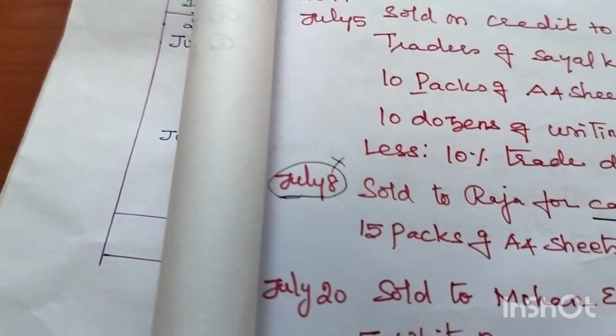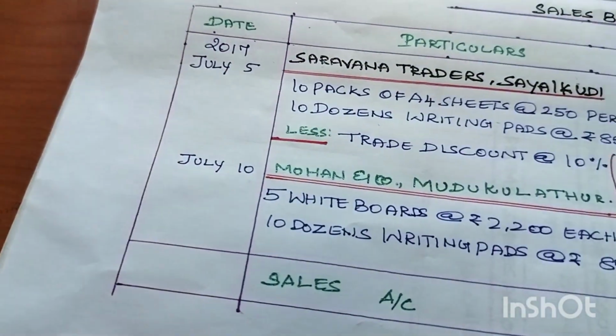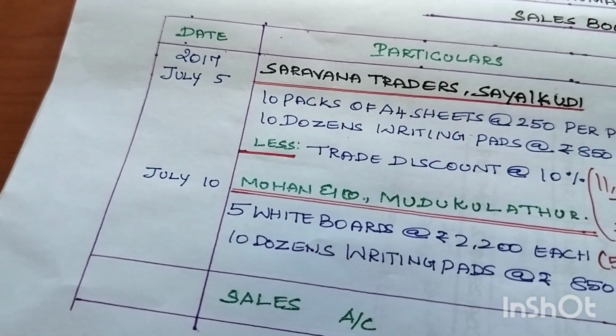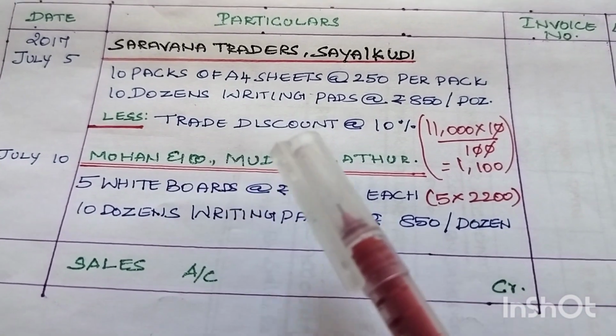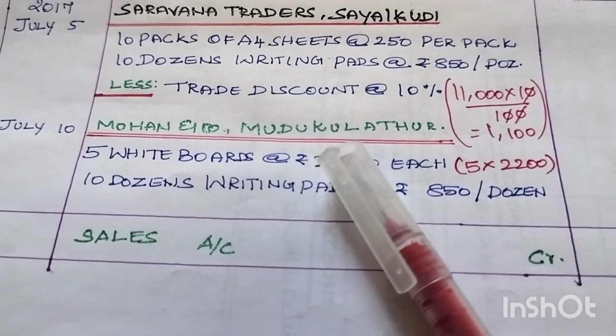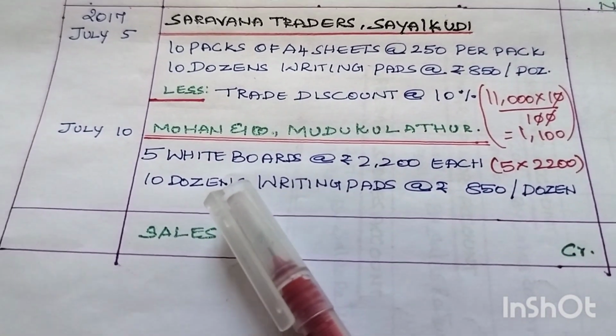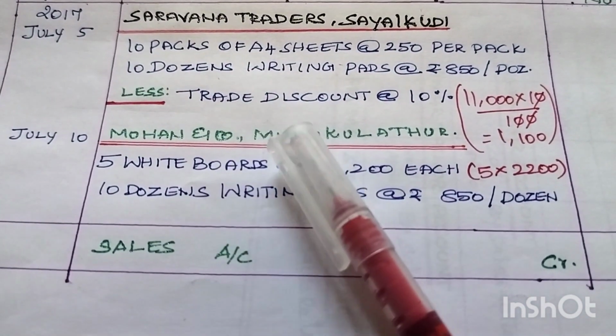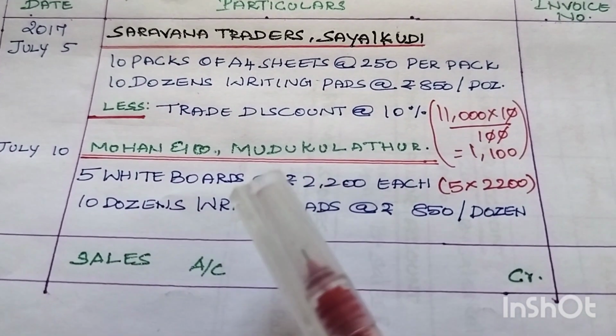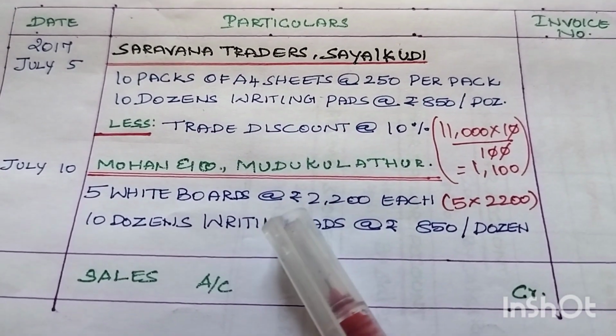Let's take the sales book, dated July 20. The customer name is Mohan and Co, Mudukulatur. The goods you sold to Mohan and Co, the details of the goods and the rate of the goods, all you are going to enter into the particular column.